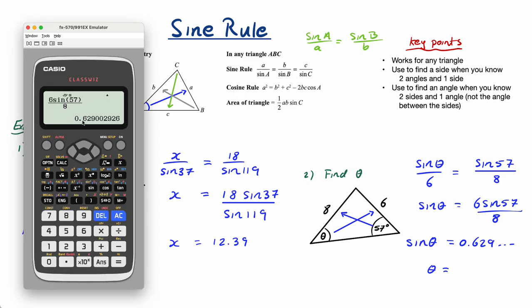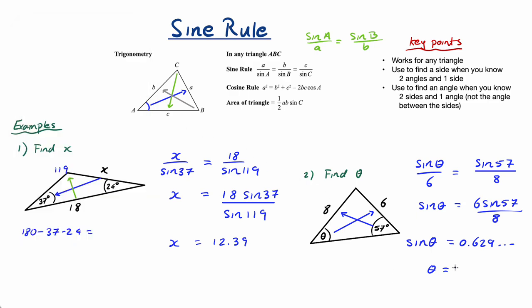I'm going to do shift sine for inverse sine, write answer because I want to use the answer that I just got, press enter, and I get 38, again I'll round it to 2 decimal places, 38.98. So this is 38.98 degrees.